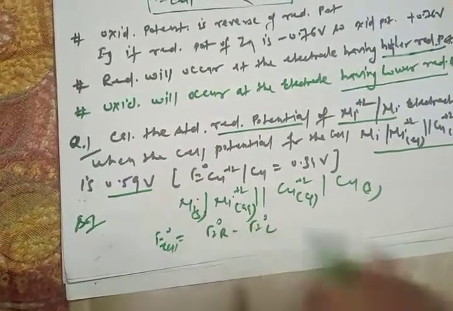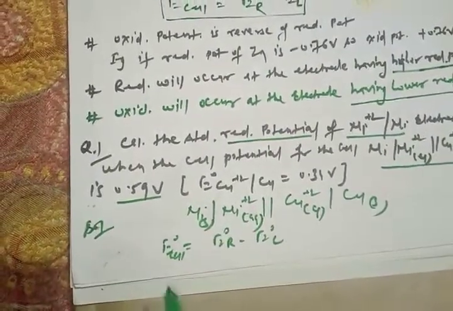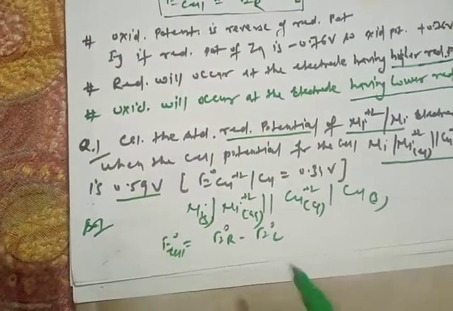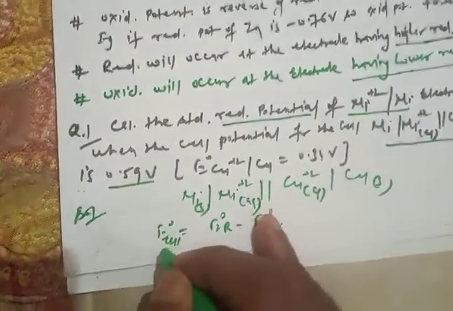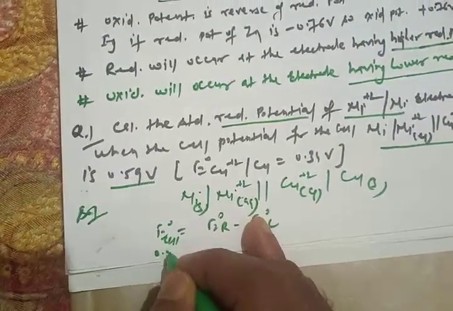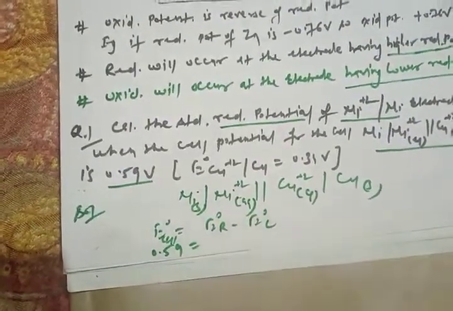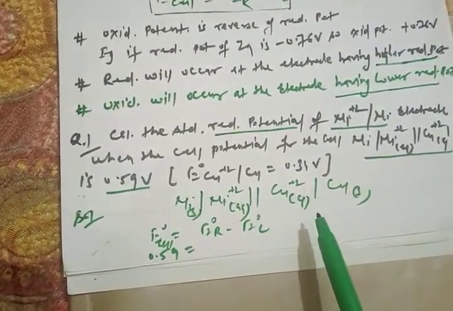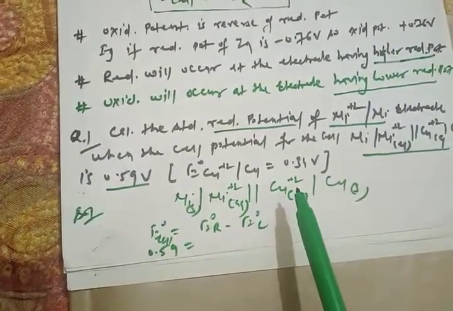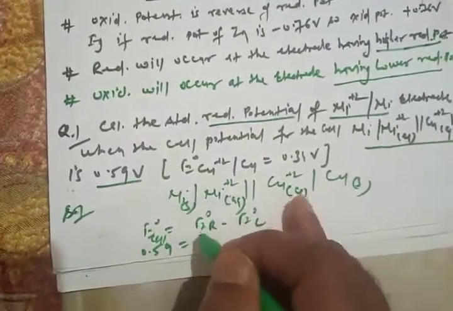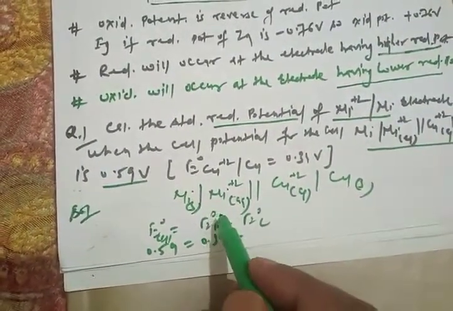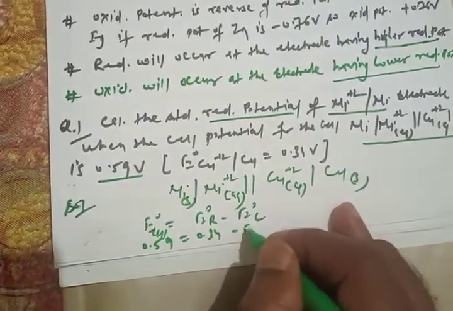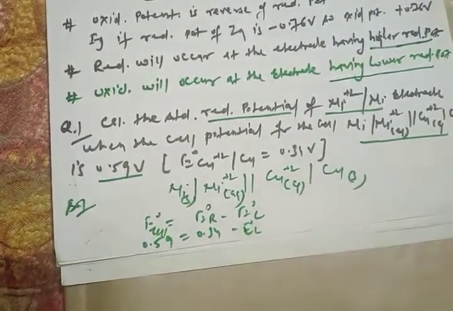E cell is given 0.59, so I'm writing here 0.59, and on the right hand side copper, whose value has already been given, that is 0.34. The left hand side nickel value we need to calculate, so I'm writing L only.